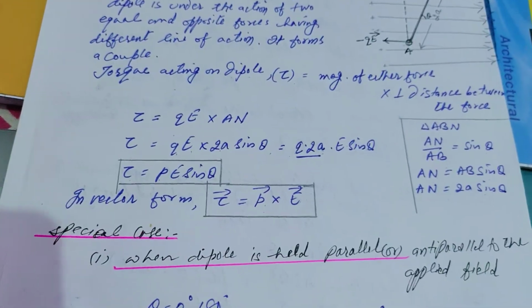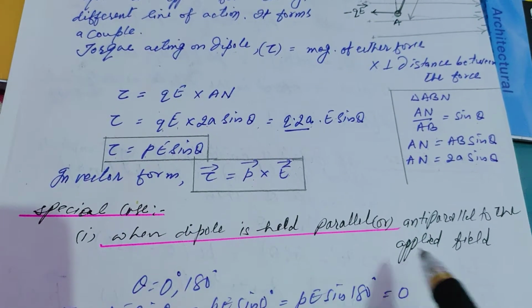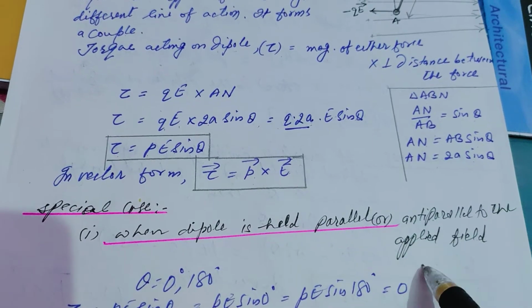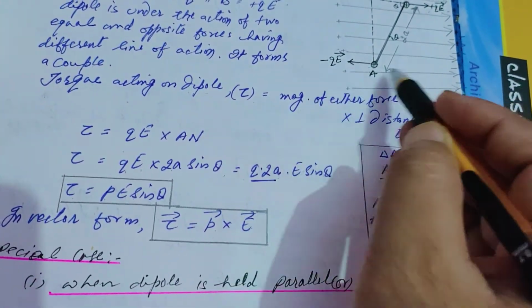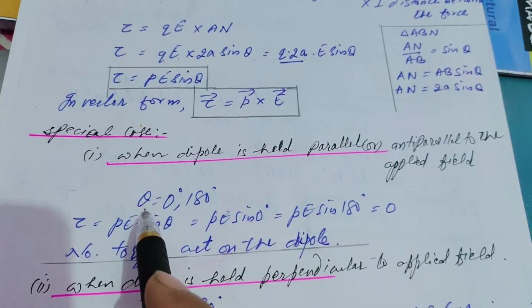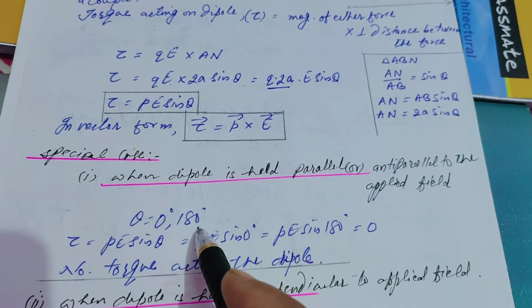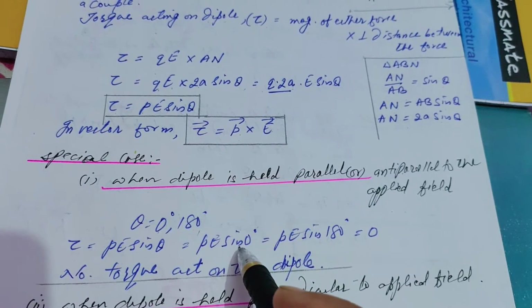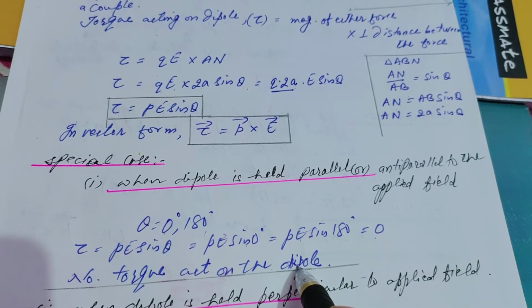Now special cases are there when your dipole is placed parallel or anti-parallel to the applied field. Means the dipole is not inclined at theta, it is parallel to the applied field, then theta is 0 degree, and if it is anti-parallel then theta is 180 degree, and sine 0 or sine 180 both are 0, so no torque acts on the dipole.